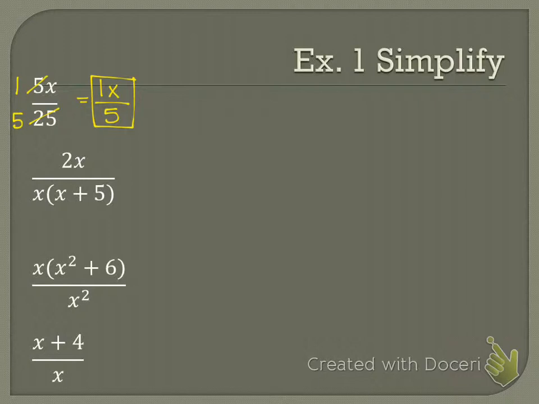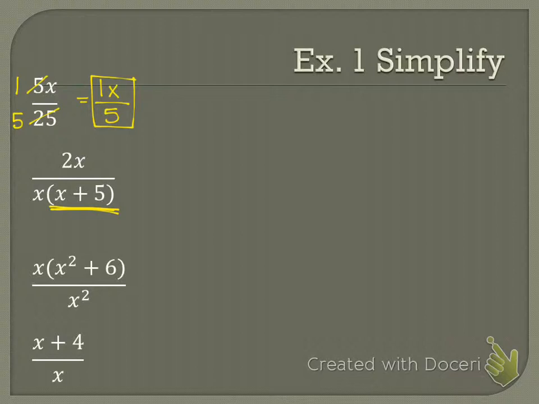But let's look at this next one. These are mainly the ones that you are going to see in these next few lessons. I want everybody to take a look at this part of my fraction right here, x plus 5. Now, this is where you really need to pay attention. X plus 5 is a part of what we call a family.